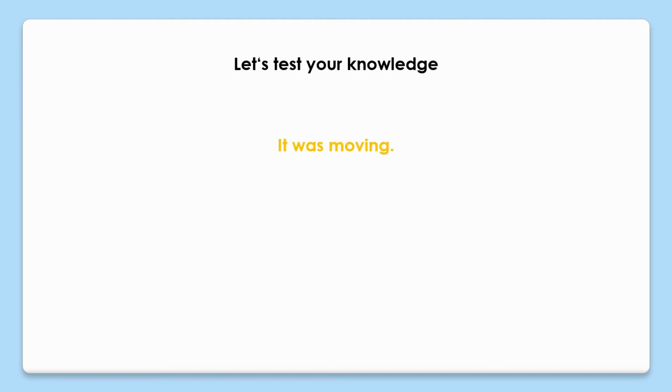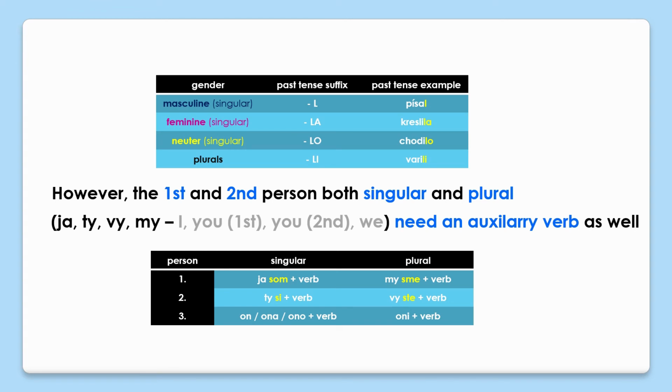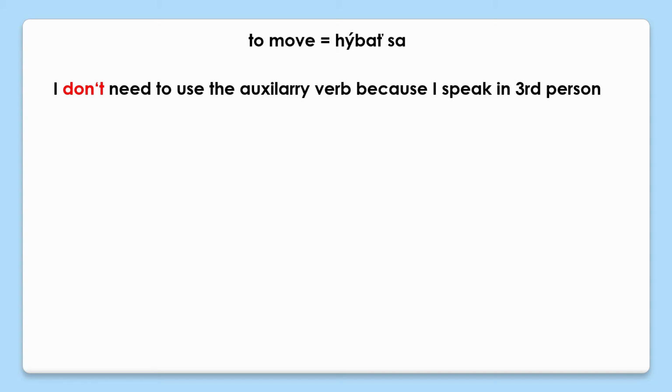It was moving, to move, hýbať sa. So this time I don't need to use the auxiliary verb because I'm speaking in third person.